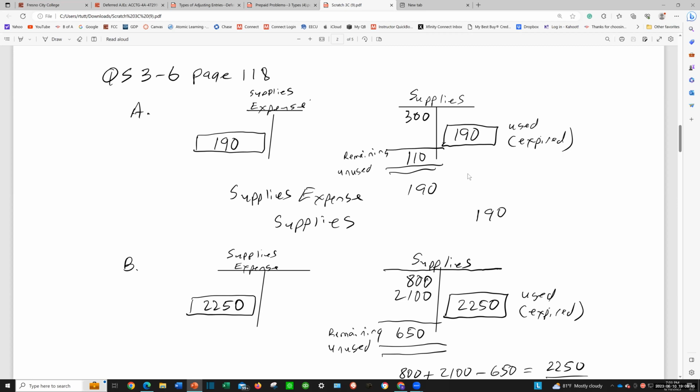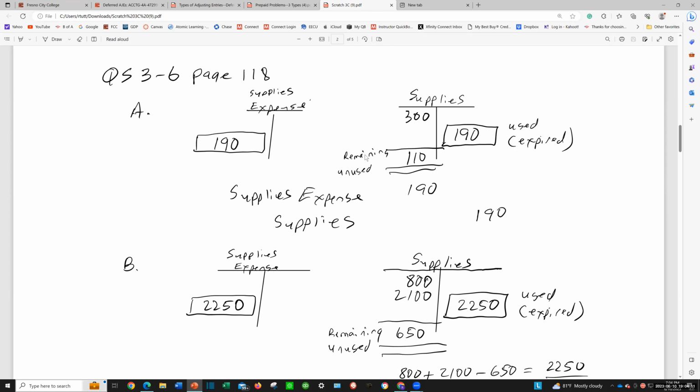So let's try the first one. A, the supplies account has a $300 debit balance to start the year. Put it in. No supplies were purchased during the current year. Good, nothing to do there. And then on December 31, a physical count showed $110 of supplies remaining.